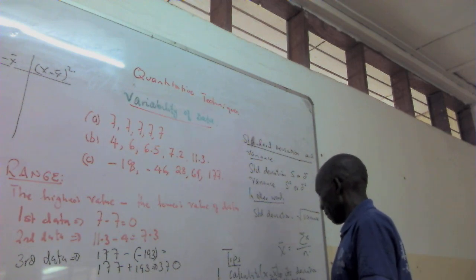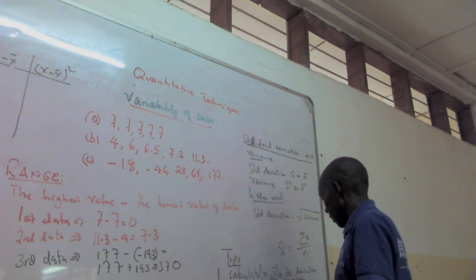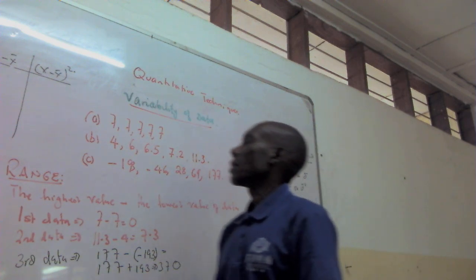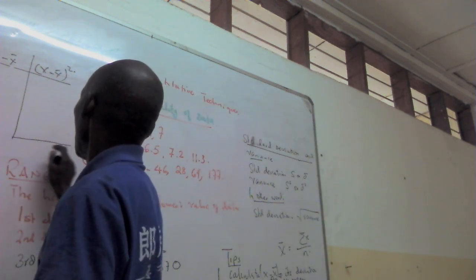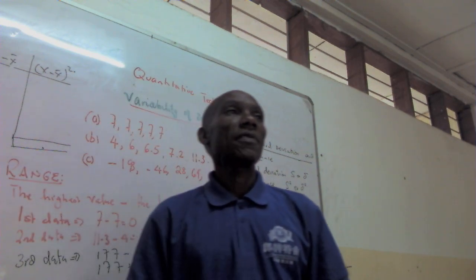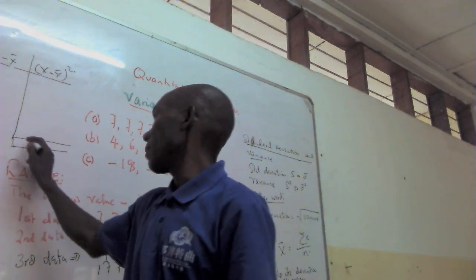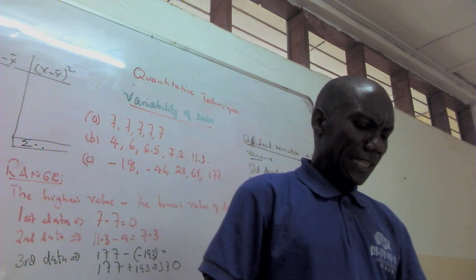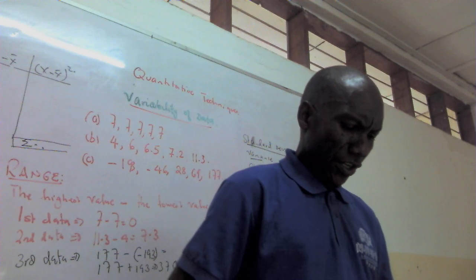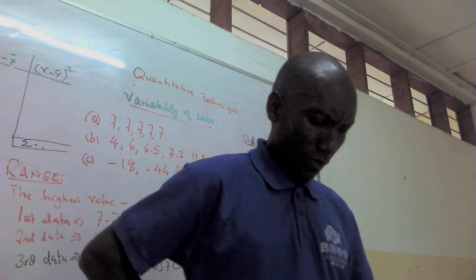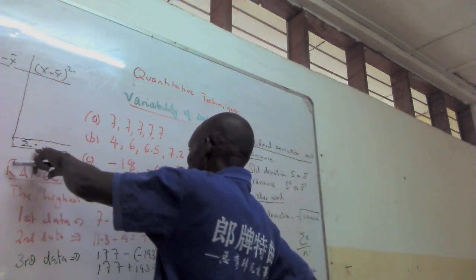In other words, what we are looking at here, you are getting the sum of that. Then after that, find the average by dividing the sum by n, the number of readings.